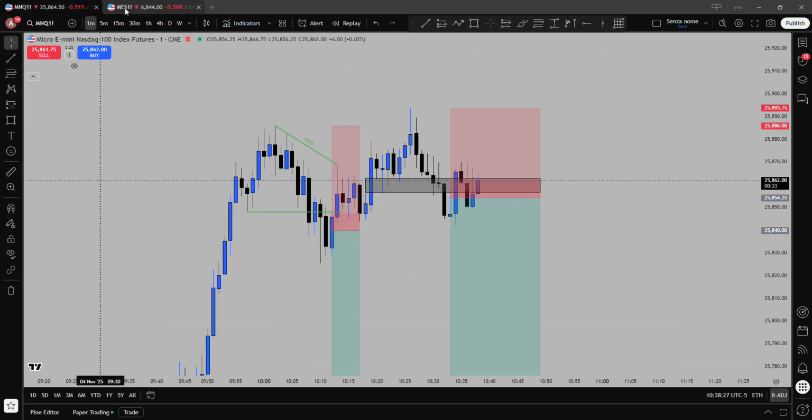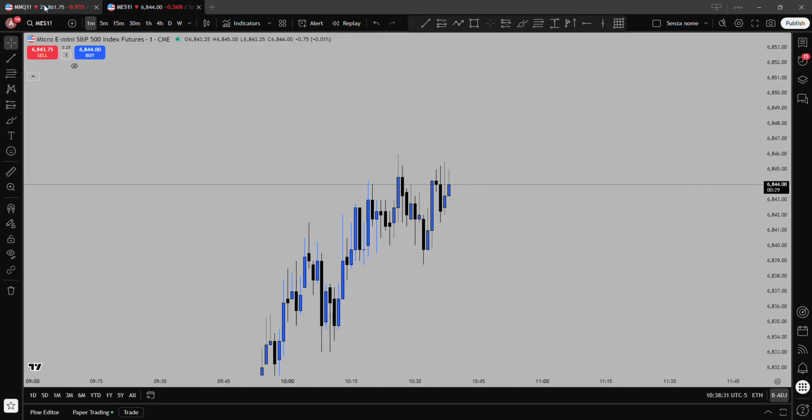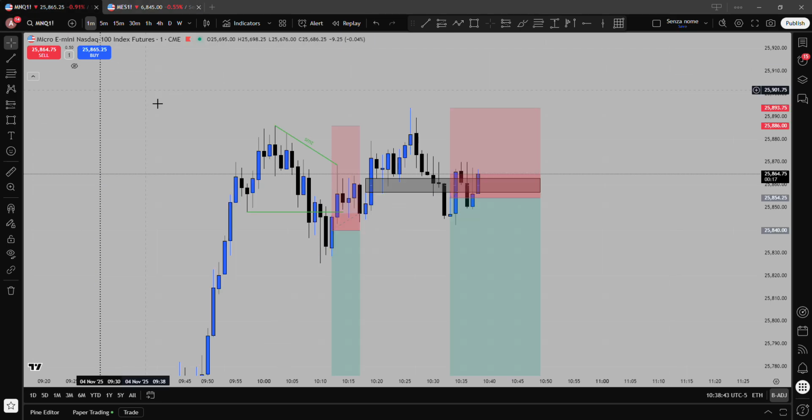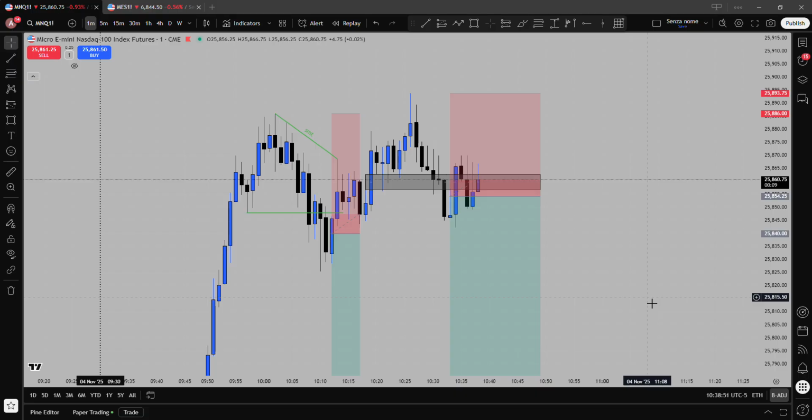We got an SMT. We still are not getting the contracts that we are looking for, because it will be great for us to see some short contracts here.